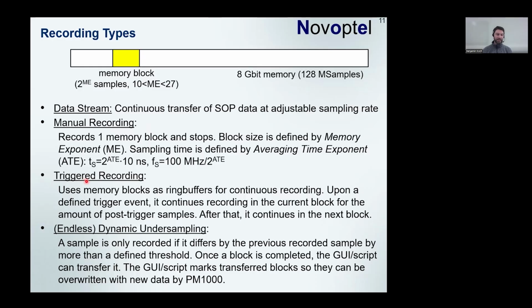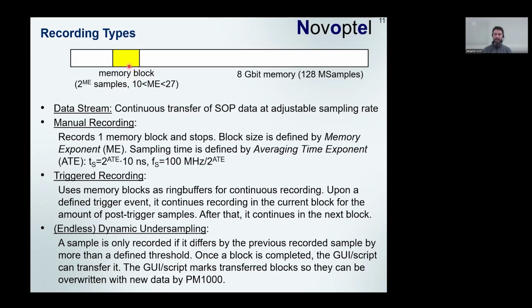The next recording type is triggered recording, where one of such blocks is used as a ring buffer, where the polarimeter keeps cyclically recording in the same block until some event happens. And you can define what such an event is. It may be the surpassing of a given SOP changing speed or a drop of power or something else.